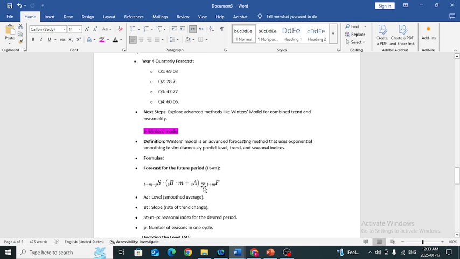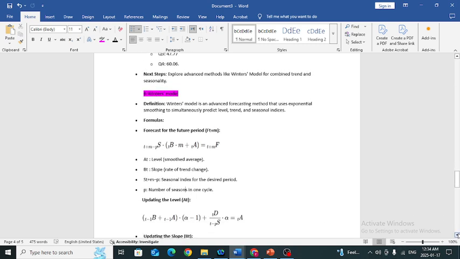A_t is the level or smoothed average, B_t is the slope or rate of trend change, and S is the seasonal index for the desired period. P is the number of seasons in one cycle.